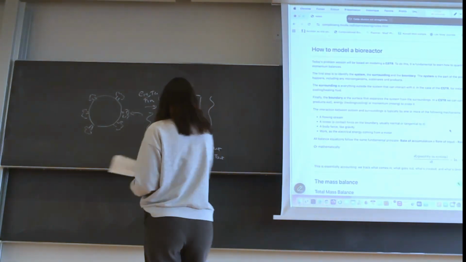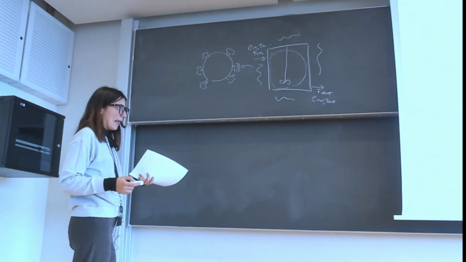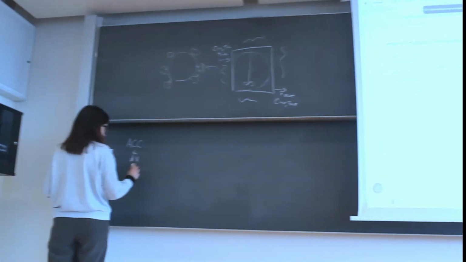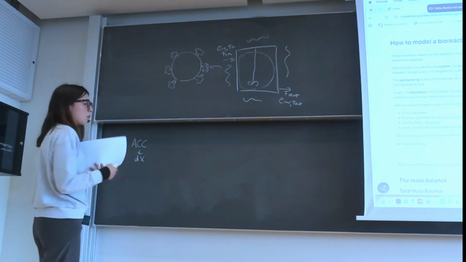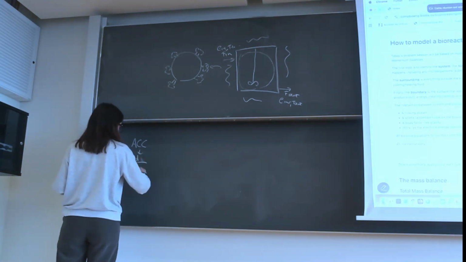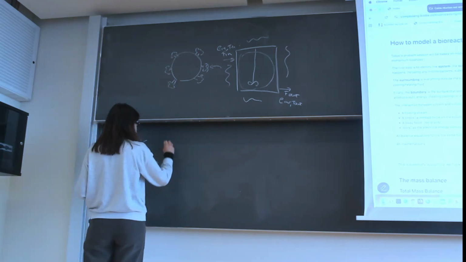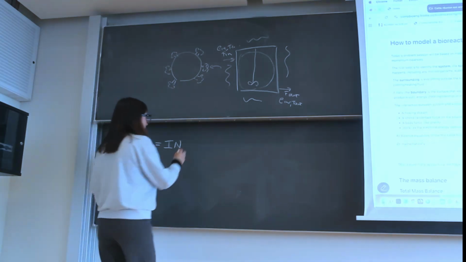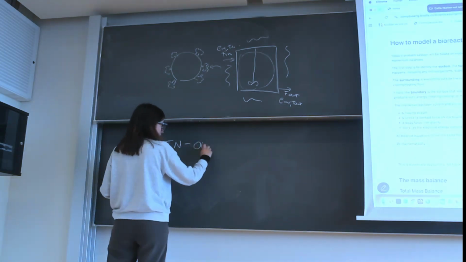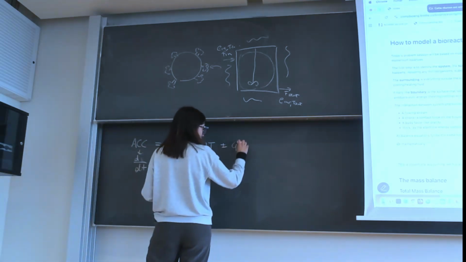So, like before, starting with the balance, we can say that all the balances are based on this concept: the accumulation, that is basically how much of a quantity we have in a system per unit of time, is equal to how much enters into the system, so the input, minus how much of such quantity goes out from the system, so minus output, and plus or minus a term that is called the generation.